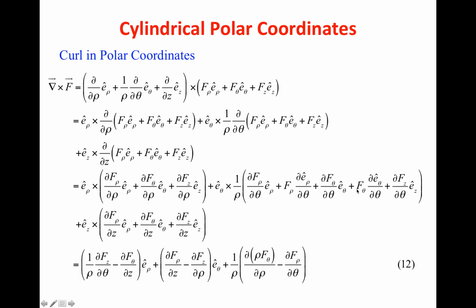So, using all those vector relations, this is the final expression that we get over here. So, please derive this yourself to satisfy yourself that this is the expression that we are getting for the curl in the cylindrical polar coordinates.